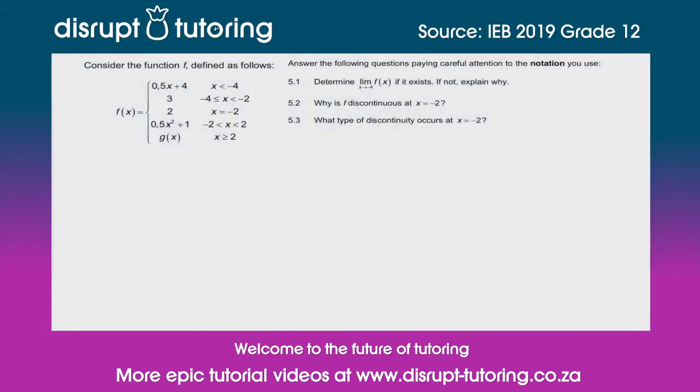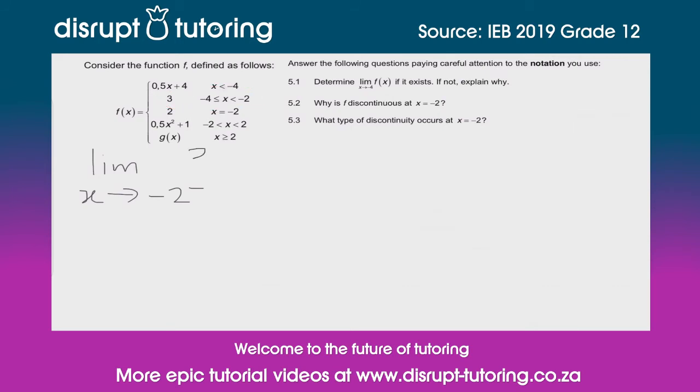The next part of this question: why is f discontinuous at x equal to minus 2? So we've got to do something similar here. We've got to say the limit as x tends to minus 2 from the left. And from the left is this part of the graph.